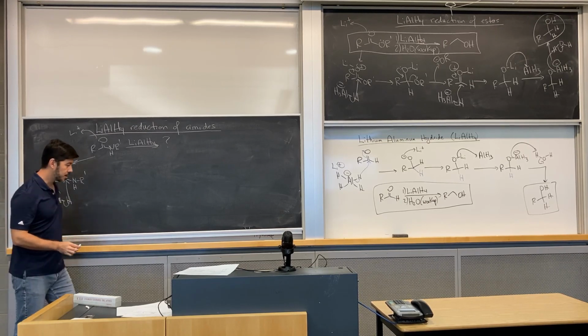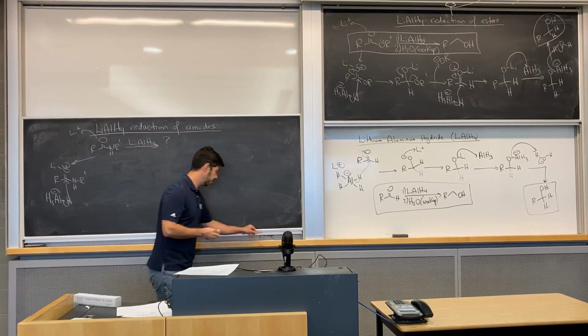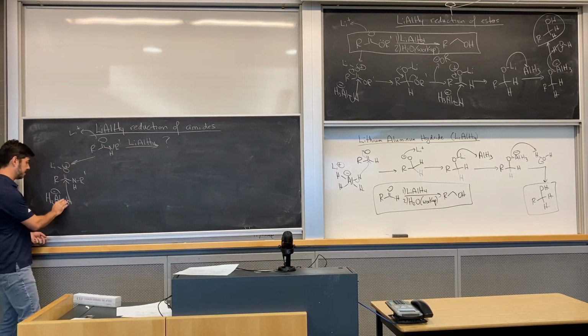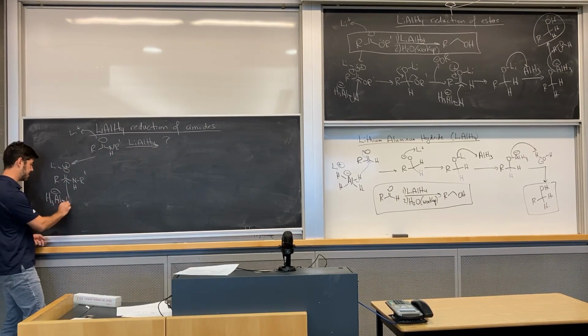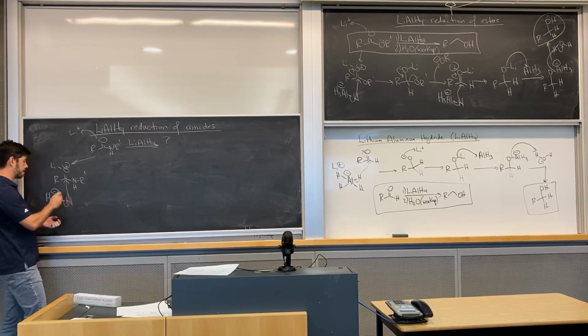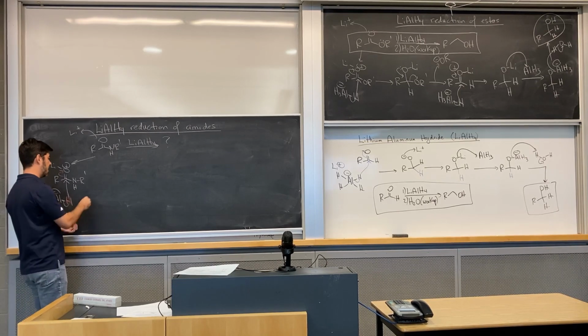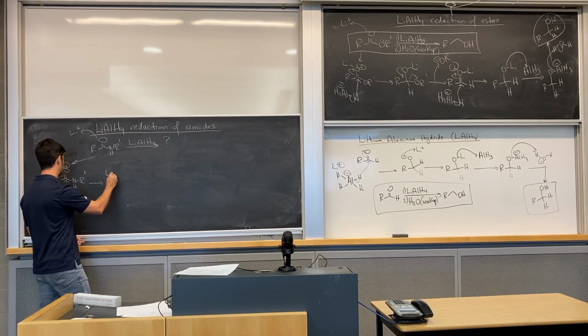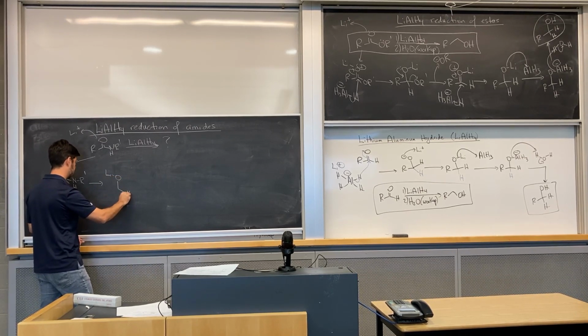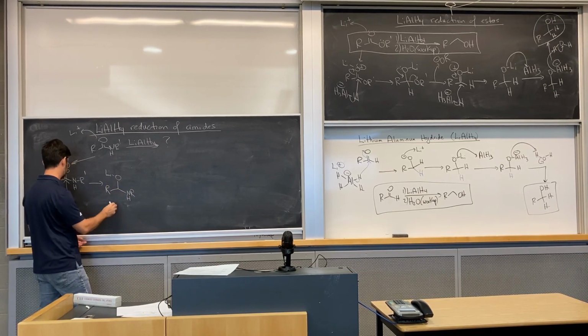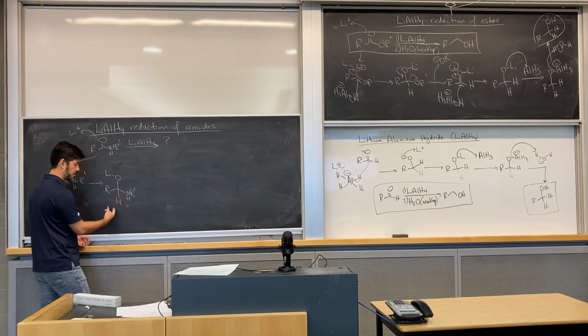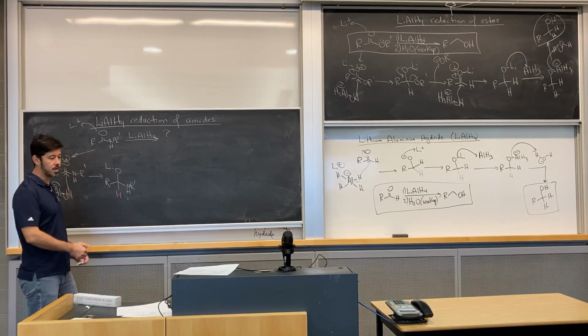So maybe I'll do this one in color, because using colors is fun. All right, so let's make this red. So when this attacks, this will come up here, and here's our new hydrogen atom there that I've drawn in red.